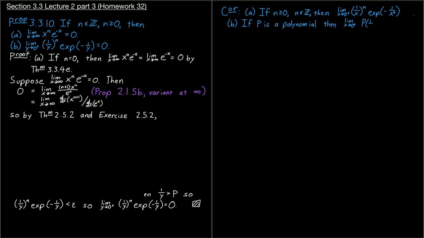We have that 0 is the limit as x goes to infinity of x to the n plus 1 over e to the x, also known as the limit as x goes to infinity of x to the n plus 1 times e to the negative x. And we can use L'Hopital's rule because x to the n plus 1 and e to the x are both going to infinity.